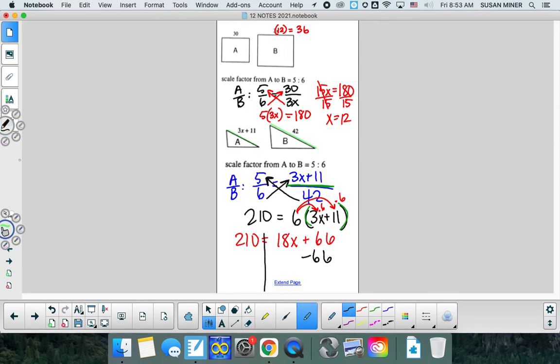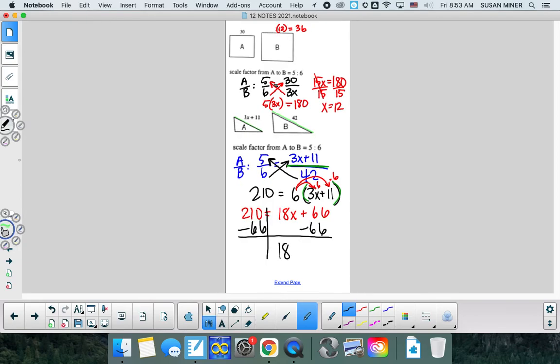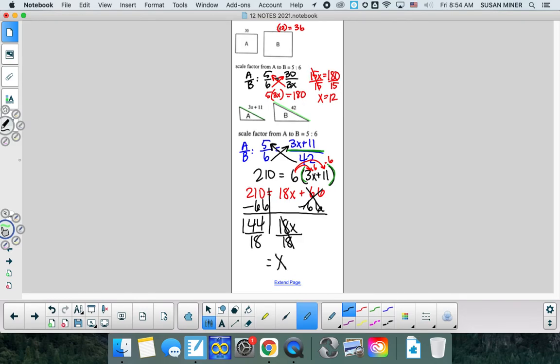Minus 66 from both sides. That's going to give me 18x over here. This is going to go away, and this is going to be 144 on this side. Divide by 18. That's going to go away, and x is equal to 144 divided by 18, which gives me 8.